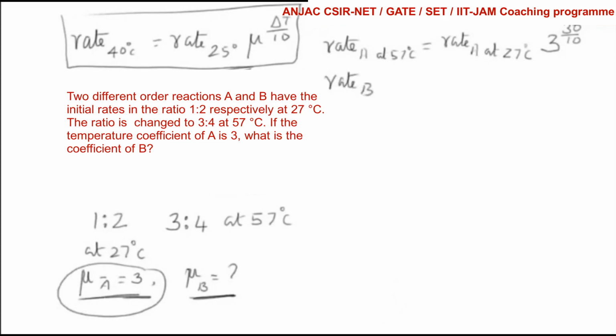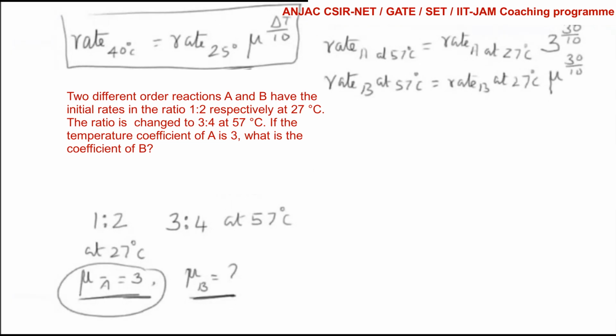Rate of B at 57 degrees centigrade is equal to rate of B at 27 degrees centigrade into mu of B. Therefore, mu power 30 by K.